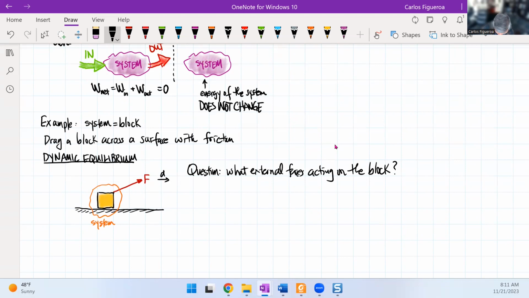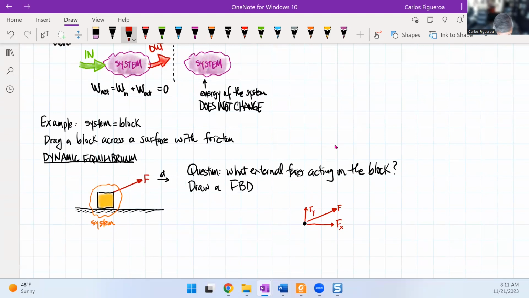And the way we answer this is that we draw a free body diagram. So if I draw a free body diagram, then I imagine here that I'm going to go for the center of mass. And now I start to look at my forces here. So here's my force right here, which then means I'm going to have a component that points in the x direction and a component that points in the y direction.